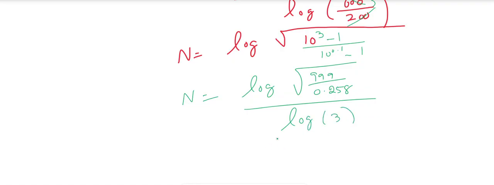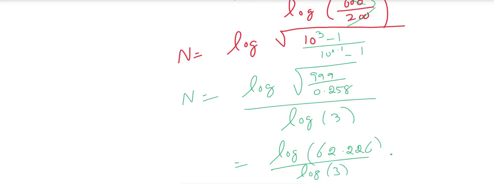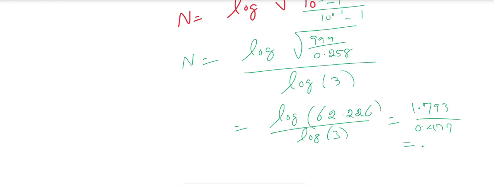So log of this value, 62.226, divided by log of 3. Log of 3 you will get 0.477, and log of 62.226 is 1.793. Use a calculator to cross check: 3.75.